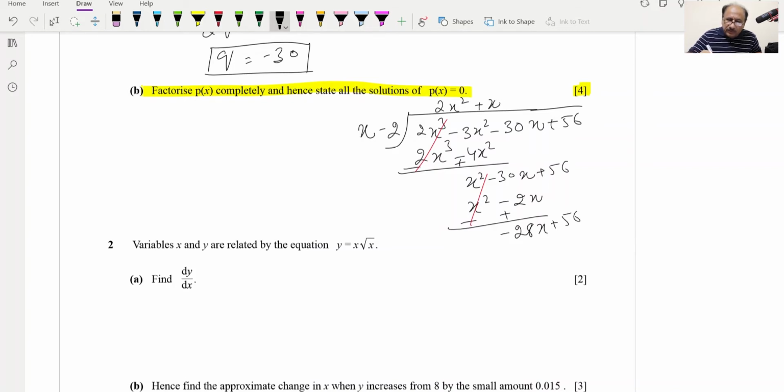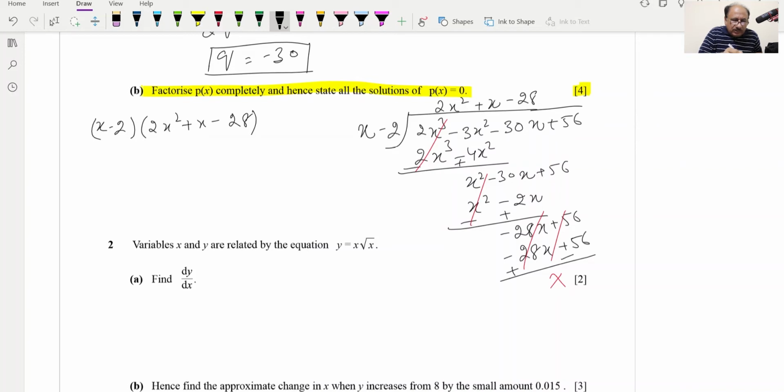Now we can multiply it with minus 28, and this will be minus 28x plus 56. Change sign and cancel, both are cancelled, and there will be no remainder. So we can write the factors of this given equation as x minus 2 into 2x squared plus x minus 28.